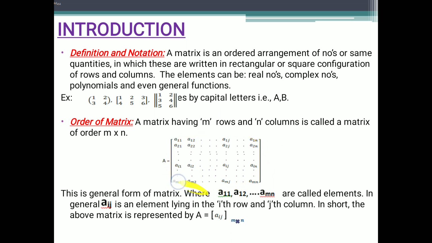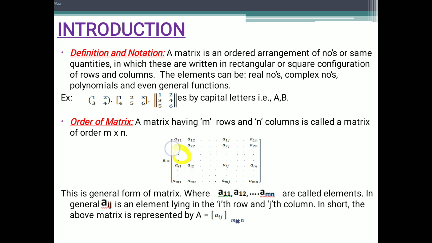Here capital A denotes the matrix. Let's discuss the elements. First is A11, A with subscript 11, which denotes the element of the first row and first column. A12 is the element of the first row and second column.